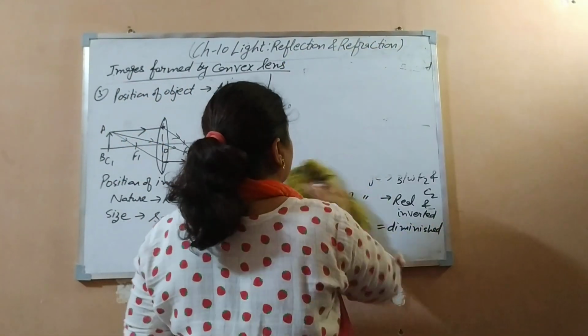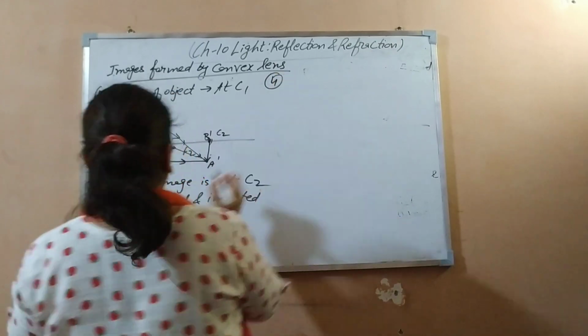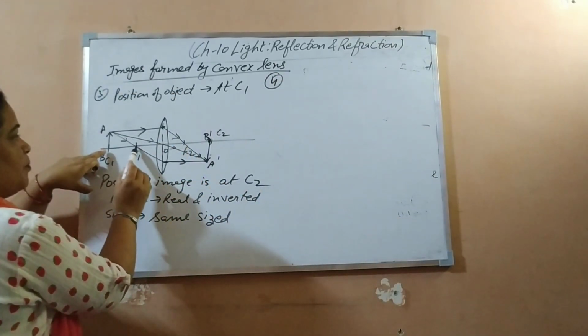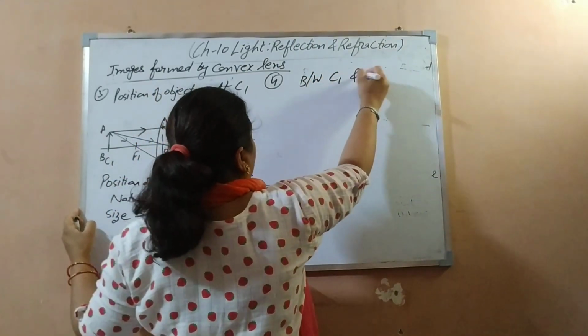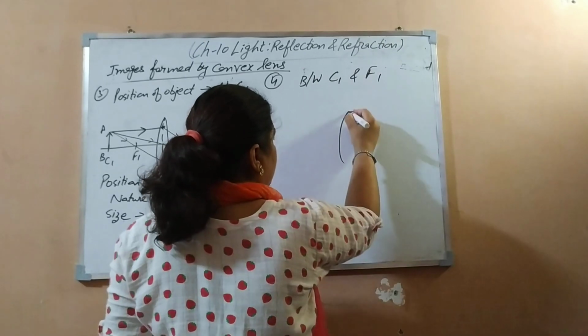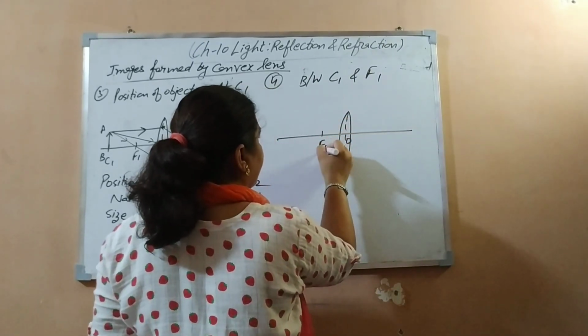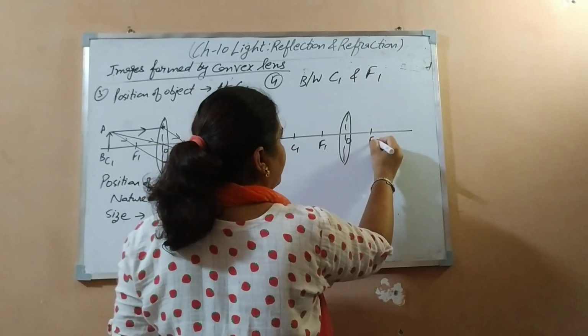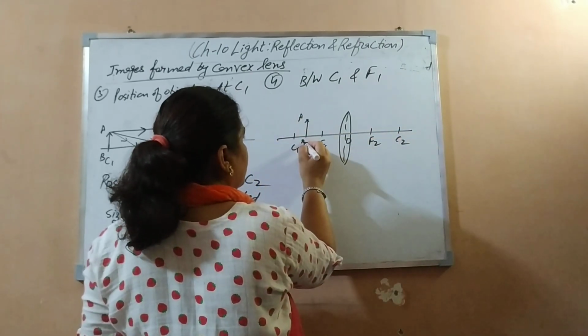Next, the fourth case, when the object is now between F1 and C1. The object is between the center of curvature and focus on the same side. Optical center, F1, C1, F2, C2. Between F1 and C1, this is your object AB.